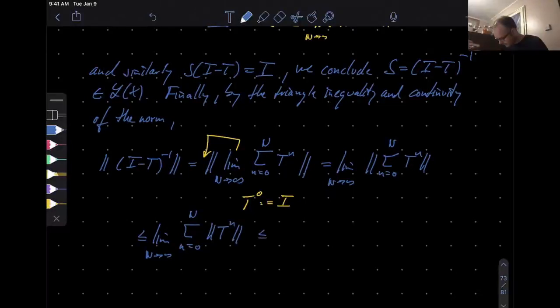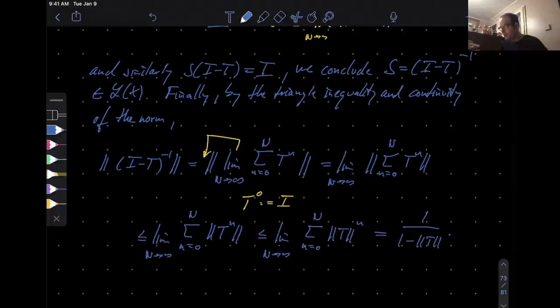So this is less than or equal to the limit as n goes to infinity of the sum from n equals 0 to capital N of the norm of T to the power small n. Now since T in operator norm is strictly less than 1, this is just a geometric series, right? So by the ordinary geometric series this is equal to this, and that's the inequality that we claimed. That's it. So that proves the Neumann series.